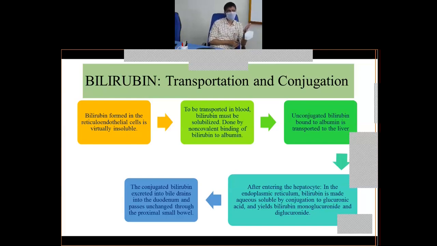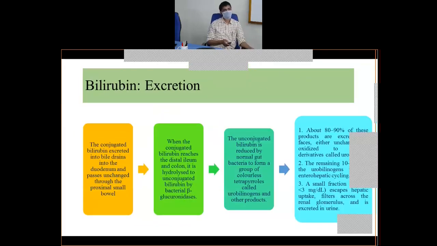The conjugated bilirubin is excreted in the bile, drains into the duodenum and passes unchanged through the proximal small bowel. Then when the conjugated bilirubin reaches the distal ileum and colon, it is hydrolyzed to unconjugated bilirubin by bacterial beta-glucuronidase, and the unconjugated bilirubin is reduced by the normal gut bacteria to form a group of colorless tetrapyrroles called urobilinogen and other products.